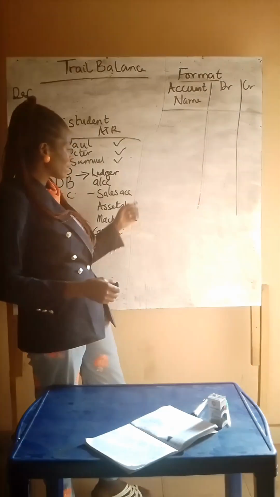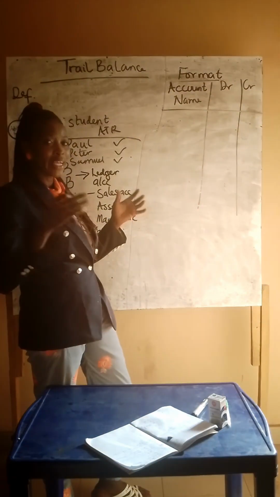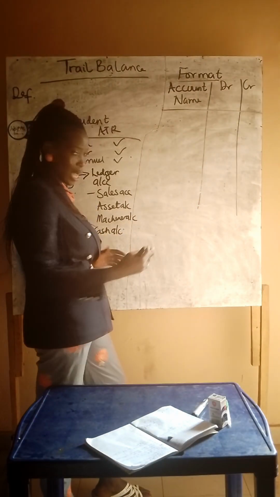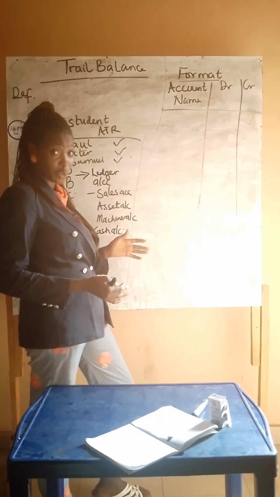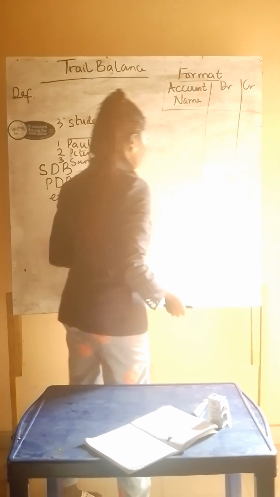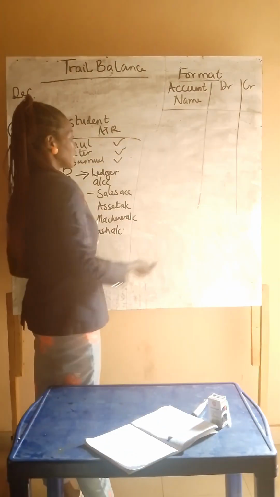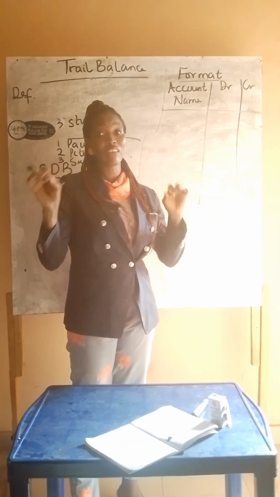So, the balances in each of these individual ledger accounts is what you are going to transfer and present, as the case may be, to this particular sheet. This sheet will now have all the balances of all the individual ledger accounts.